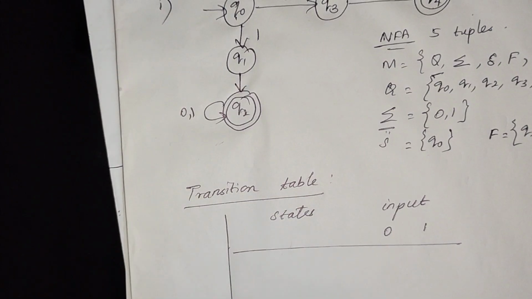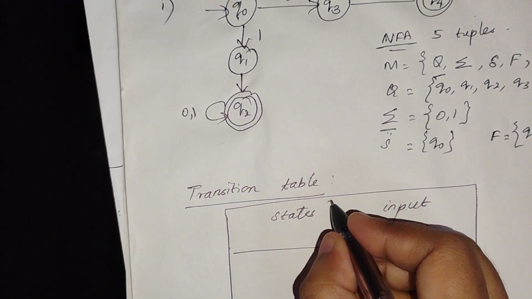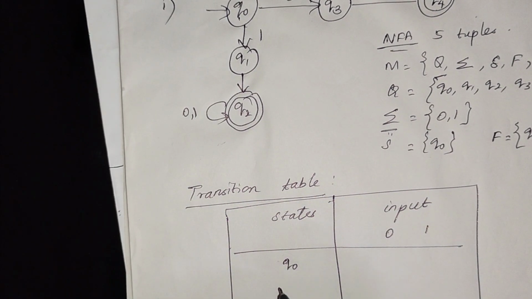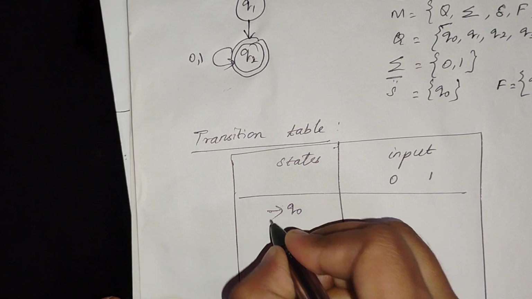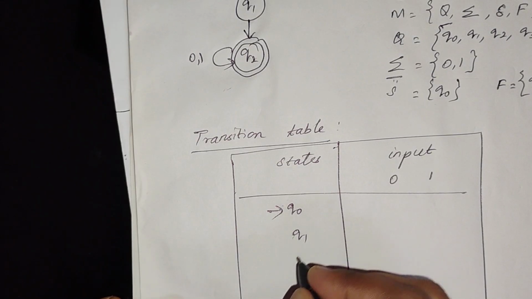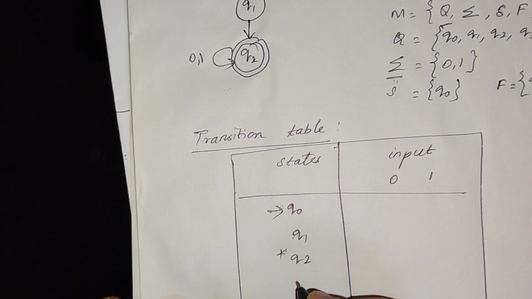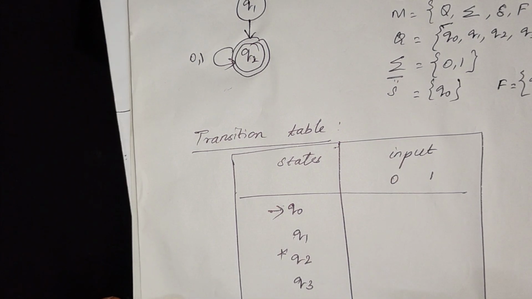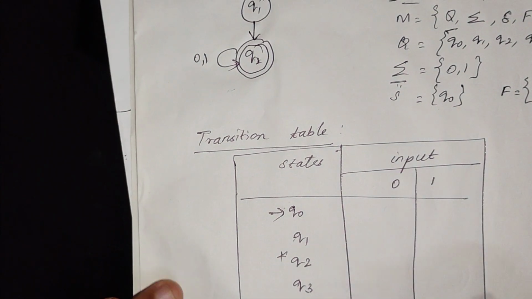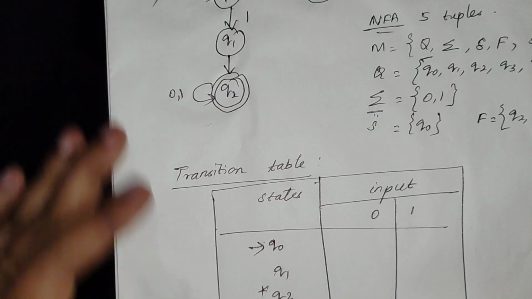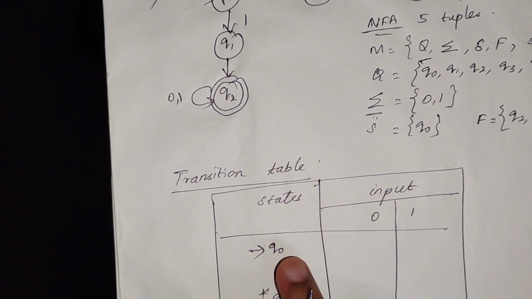We draw the transition table for the states Q0, where we have to represent the arrow, then Q1, Q2, which is also a final state, and Q3 and Q4, which is also a final state. Then we have to check the transition function with the input symbols 0 and 1 for each state.